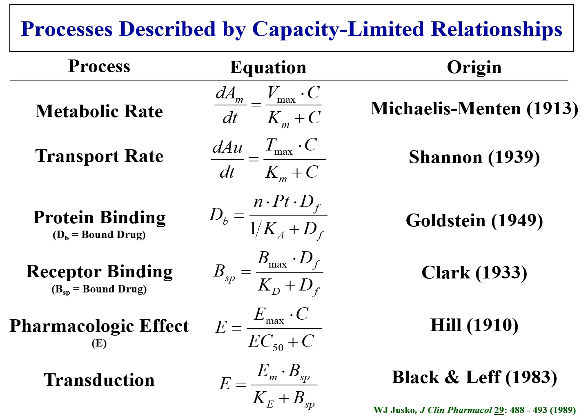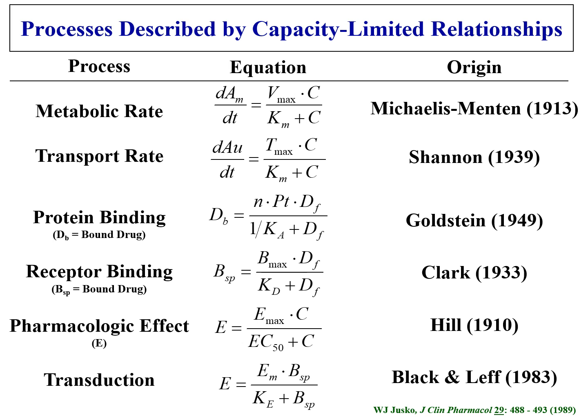We will be describing many different types of capacity-limited relationships in pharmacokinetics and pharmacodynamics. Many of you have heard of the Michaelis-Menten equation for nonlinear drug metabolism. We'll be using that in pharmacokinetics. Shannon described a similar equation for transport.